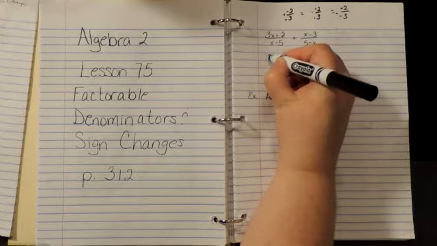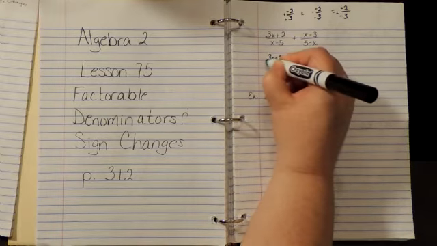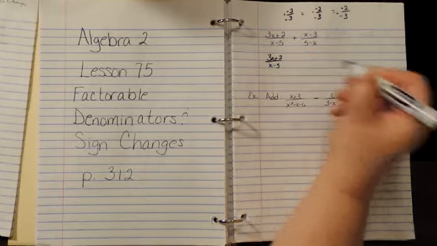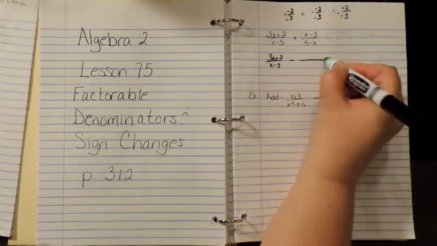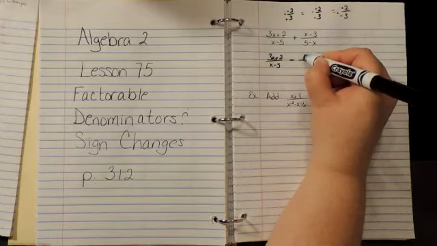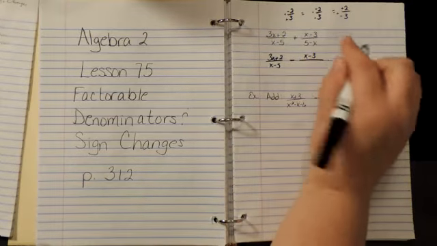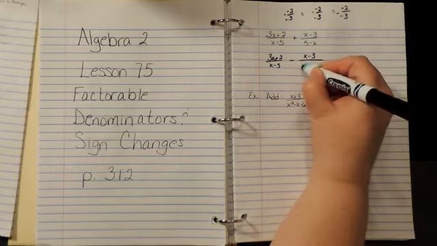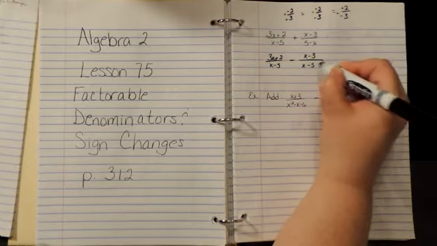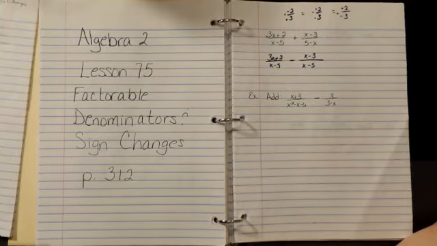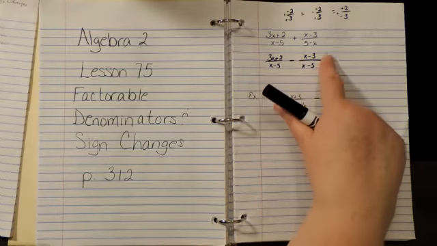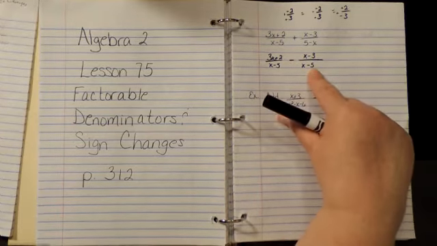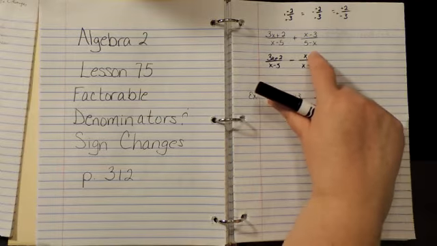So we will have 3x plus 2 over x minus 5. We're going to change this to a negative. We're going to leave the numerator as it is, and we're going to change the bottom. So that'll be x minus 5. Okay? So we changed the sign of 2 of the places of this fraction, but not the third one.